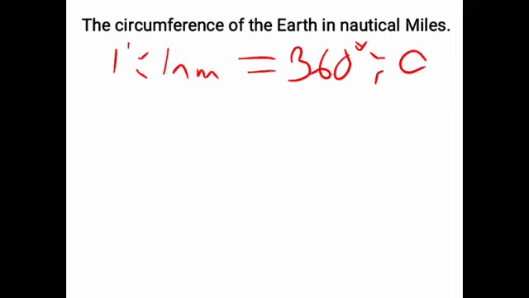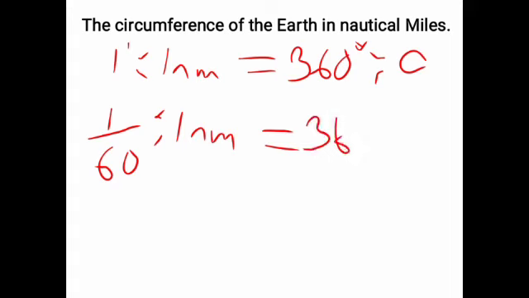Okay, now let's get on to the calculations. The 1 minute here is out of what? 60 minutes to make an hour. So we're going to illustrate that to say 1 minute is out of 60 minutes, to the ratio 1 nautical mile, equal to 360 degrees to the ratio circumference.